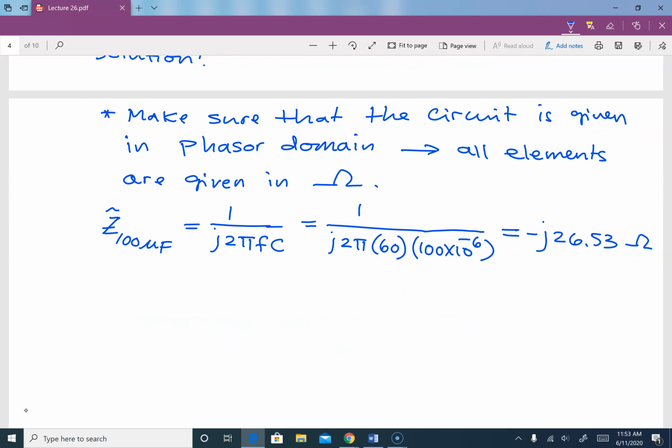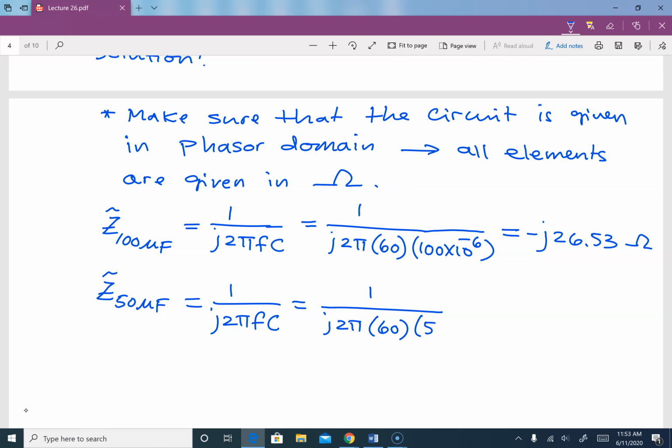The second one is the Z of the 50 microfarad, and that is 1 over J 2 pi Fc, which is 1 over J 2 pi times the frequency, which is 60, times the capacitance value, which is 50 micro, that is 10 to negative 6. Then we will end up with negative J 53.05 ohm.